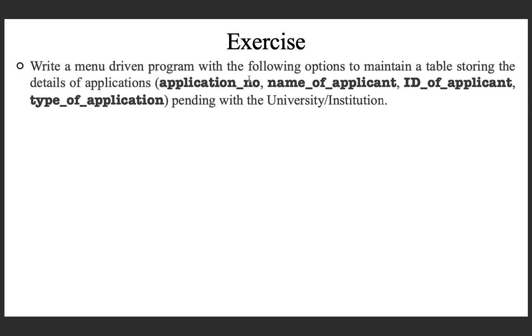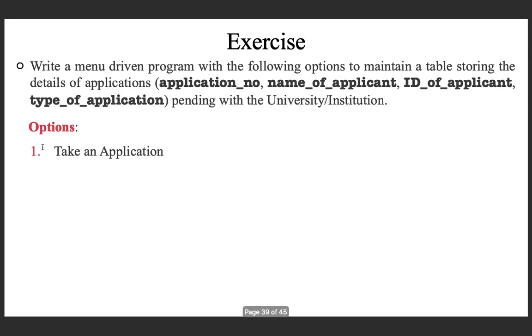Write a menu-driven program with the following options to maintain a table storing the details of applications pending with the university or institution. An application will be pending either with the university or with the institution, depending on the type of the application. And these are the details.